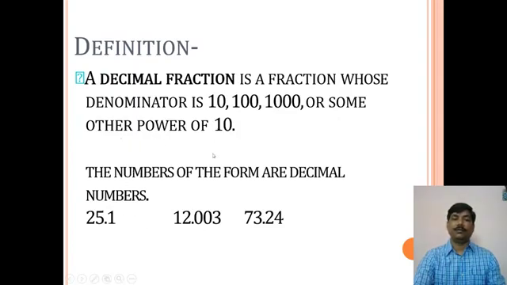These are converted into decimals. Numbers of this form are decimal numbers. In a number like 21.12, this point is called the decimal point. So all the numbers which look like this are decimal numbers.